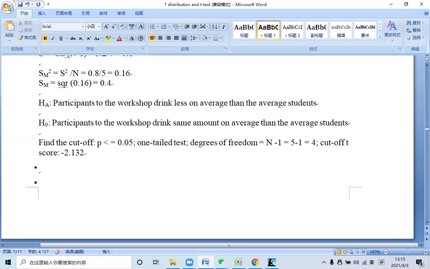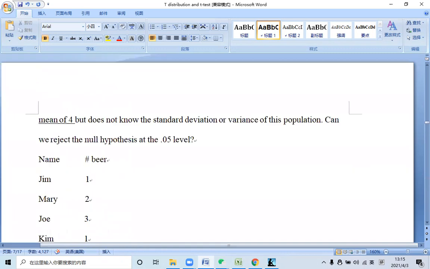And next we calculate the t-score. Let me copy the formula.